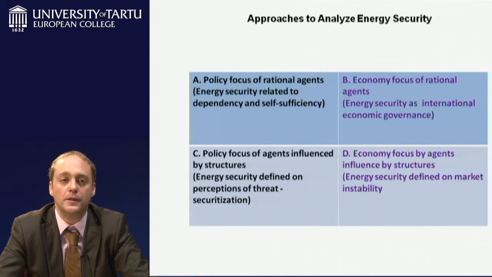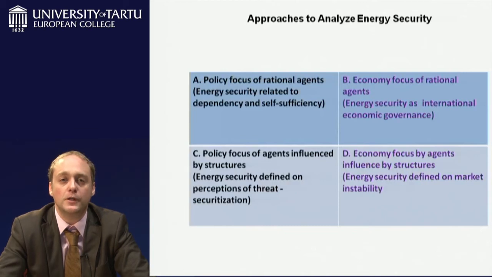This approach is very similar to the approach A in a way that it's a policy approach. But contrary to the quadrant A, it would consider the actors as non-rational.